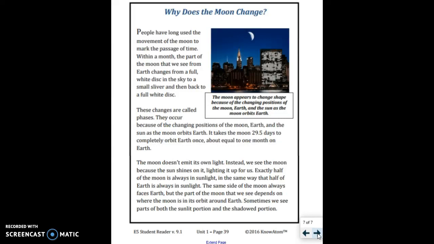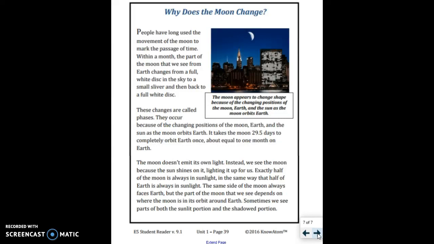These changes are called phases. They occur because of the changing positions of the moon, Earth, and the sun as the moon orbits Earth. It takes the moon 29.5 days to completely orbit Earth once, about equal to 1 month on Earth.